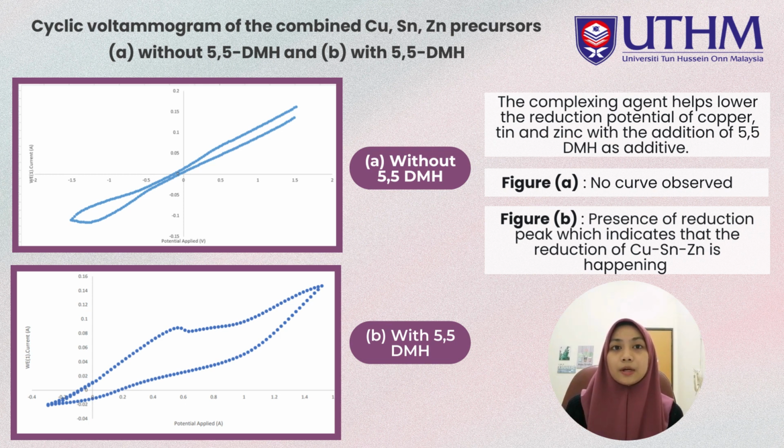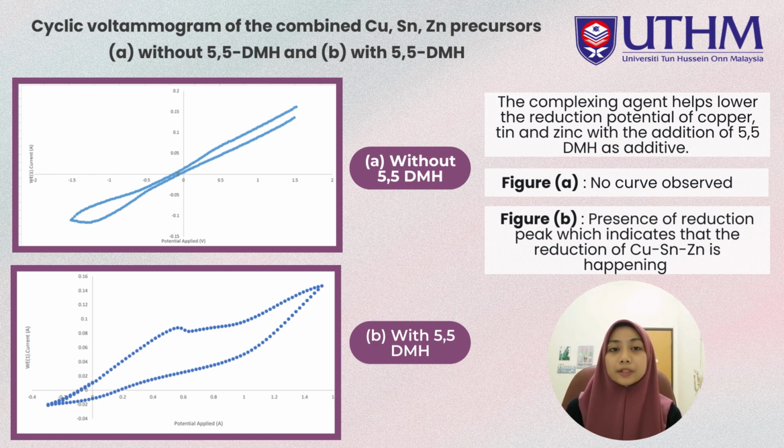The first one is we have analyzed the electrolyte with and without the addition of 5,5-dimethylhydantoin through cyclic voltammetry analysis. As a result, we found out that the complexing agents used in this experiment help in lowering the reduction potential of copper, tin and zinc with the addition of 5,5-dimethylhydantoin as additive.